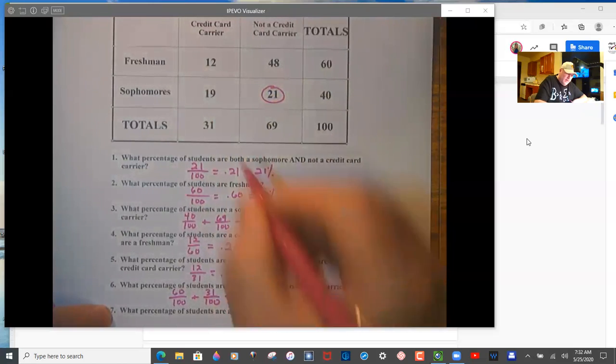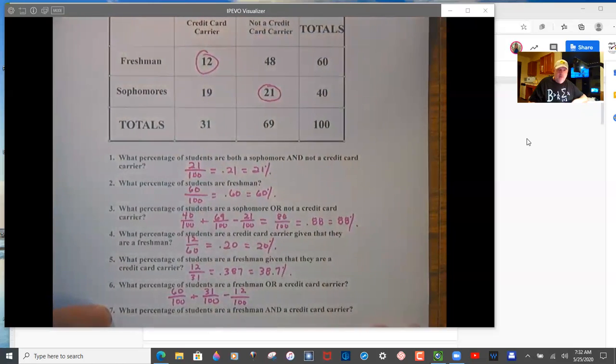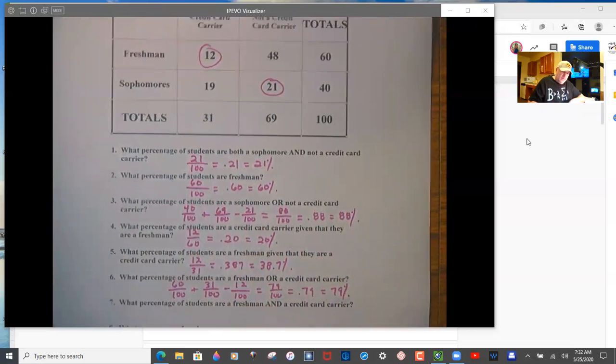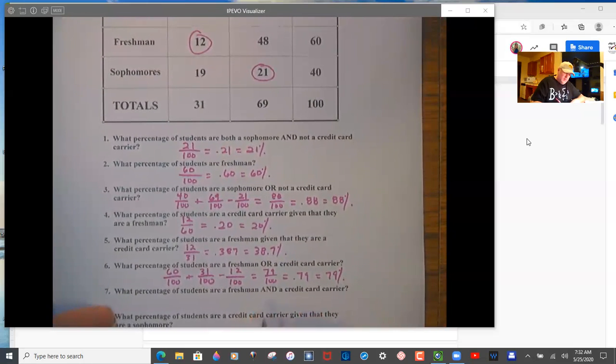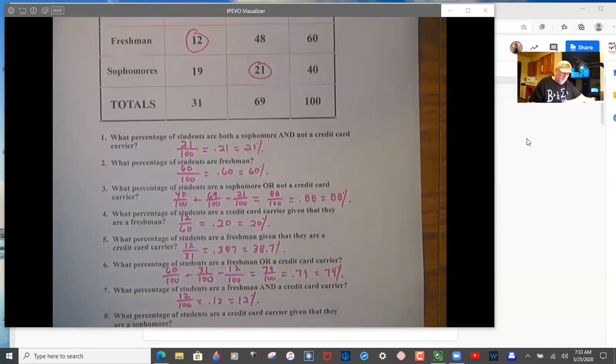Again, you look at where that row and column meet. When you do all of that, you have 79 out of 100, which is 0.79, 79%. Contrasted with and, now you just find the intersection, which is 12 out of 100. So the intersection one is very easy.